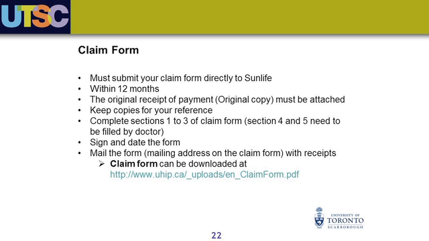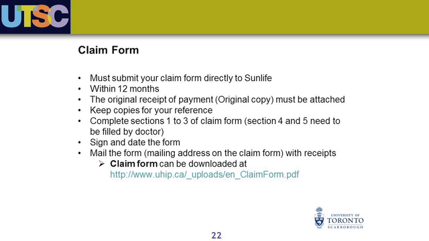On the actual claim form, you must fill in sections 1 to 3, and sections 4 and 5 need to be filled out by the doctor. You must sign and date the form, and then mail the claim form attached with your original receipt of the hospital bill directly to Sun Life.